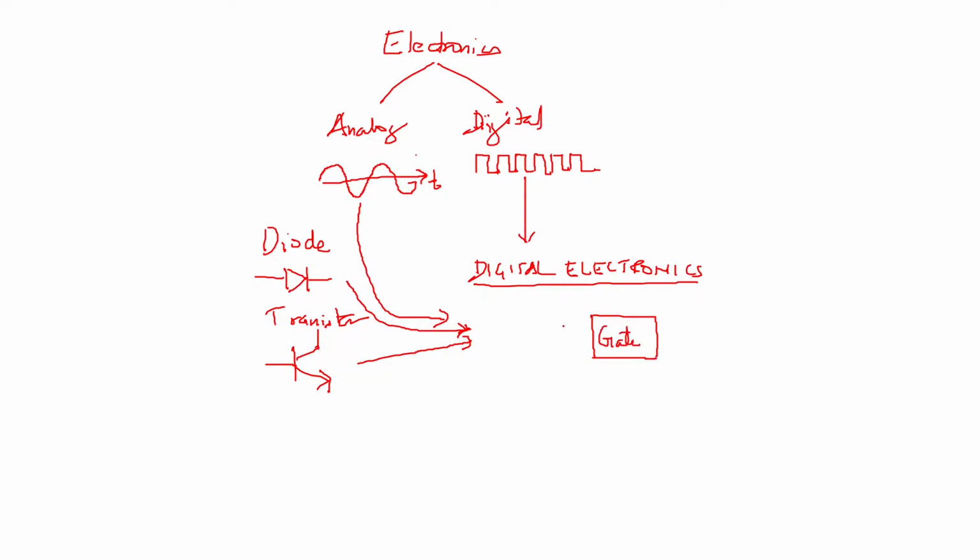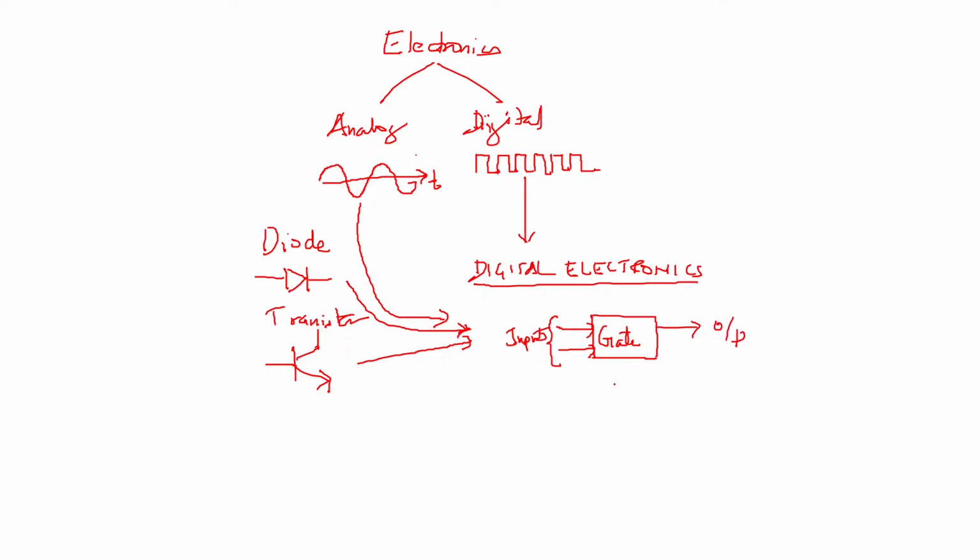This gate will have one, two, three or any number of inputs depending upon the configuration you have made it for. And this gate is made out of analog electronic components only. But I can give certain inputs, and based on the combination of those inputs, I can get the output.